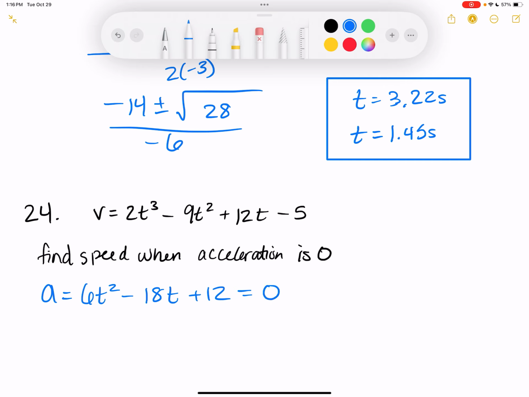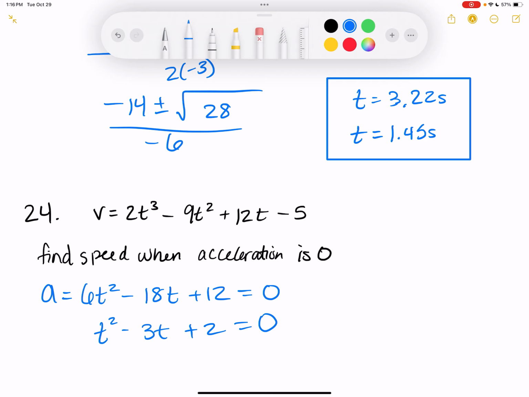What do you notice though? What do all these have in common? So that would leave me with t squared minus 3t plus 2, because if I take out the 6, 0 divided by 6 is 0, so I'm just not writing it.